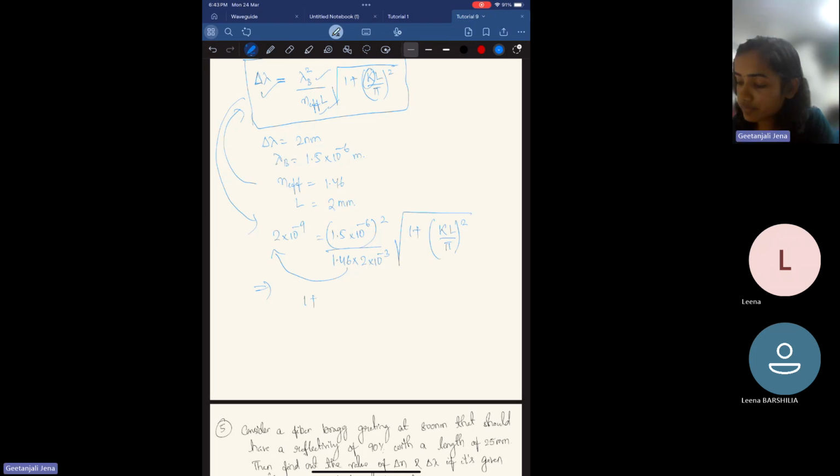If you take this value to the left hand side and take the square of both sides, we'll get 1 plus (κL/π) whole squared equal to 6.7369.